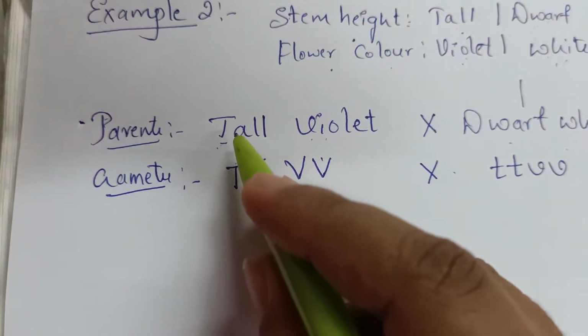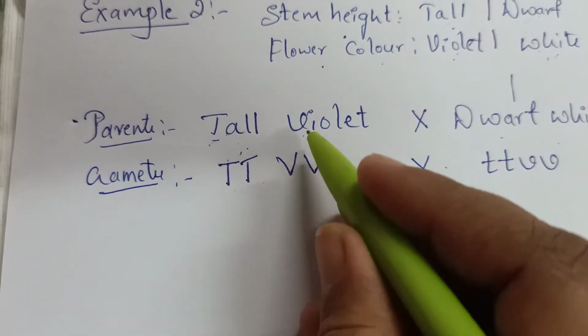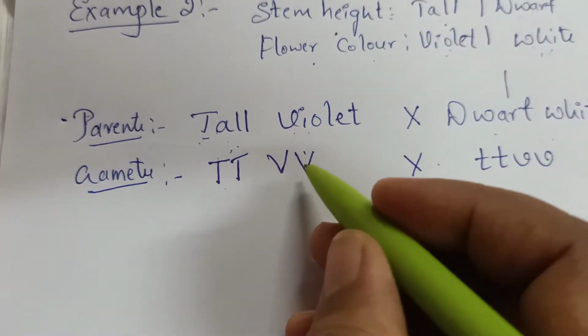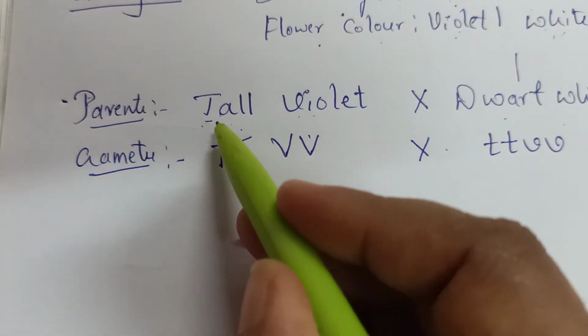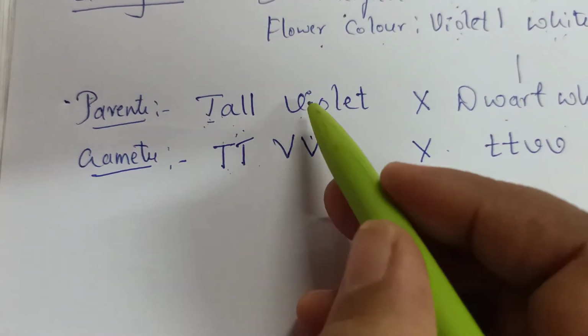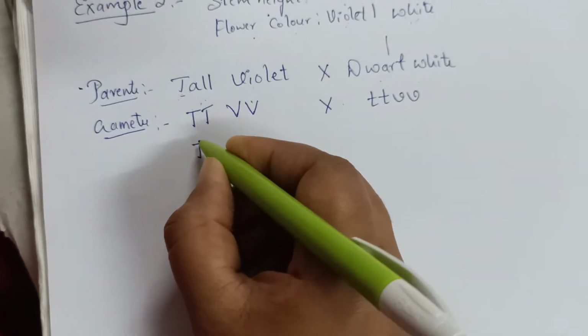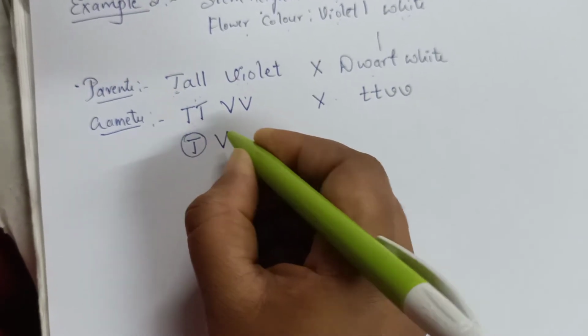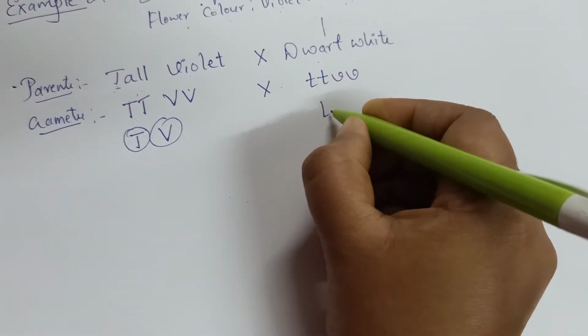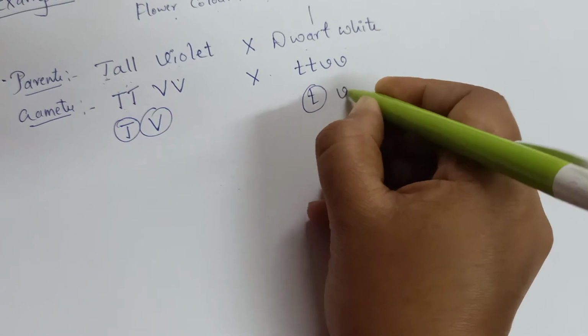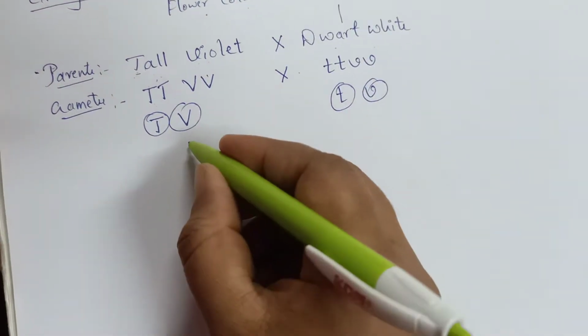It is not compulsory that you have to take the same letters. You can take any letter. Just to avoid confusion, we'll take the first letter of the dominant character. Then in the next step, we'll take one T as common and one V. Here also small t and small v.